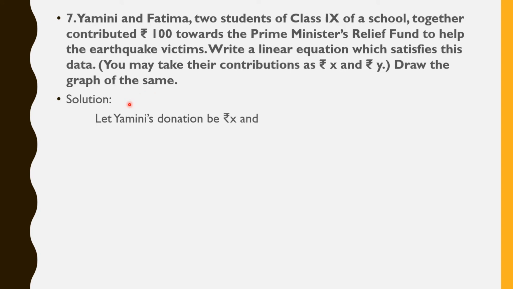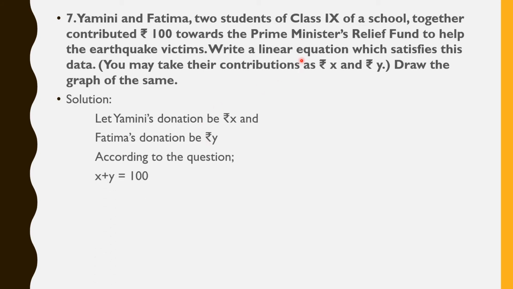Let Yamini's donation be rupees x and Fatima's donation be rupees y. Now, according to the question, we know that the total contribution of both the girls was rupees 100. So, I can put it into a linear equation in two variables as x plus y equals 100. Now, we know that both in total contributed rupees 100.